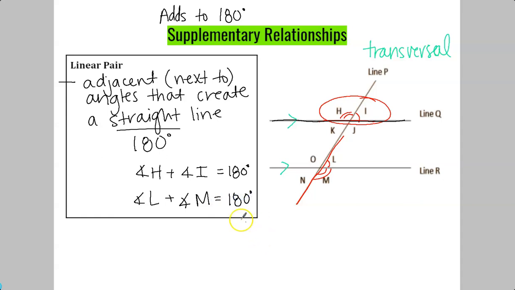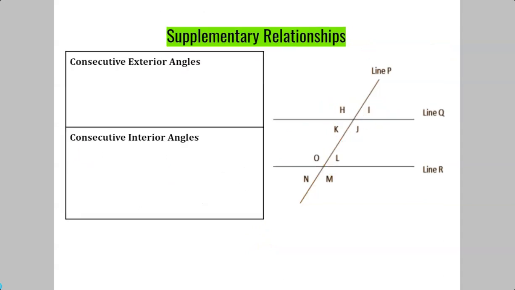All right, let's look at two more supplementary relationships. So we have consecutive exterior angles and consecutive interior angles. So let's first look at this word consecutive. Consecutive means same side, and what we're referring to is the same side of the transversal.